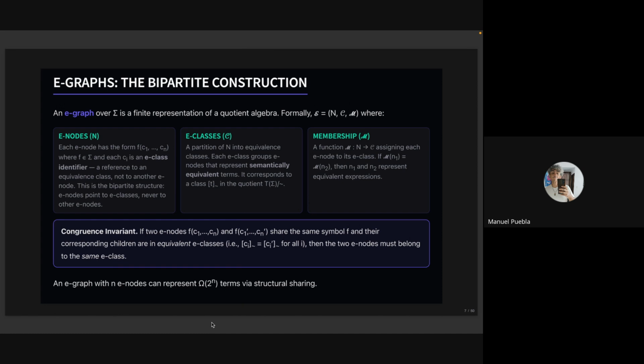So on the one hand, we have the nodes that are represented as functions from the signature evaluated at classes of terms, and we have the equivalence classes that are the natural concept. This membership function assigns to each node its e-class. Okay, so in this sense, we have a bipartite graph. And the congruence invariant makes sure that whenever we apply F, we have equivalent terms.